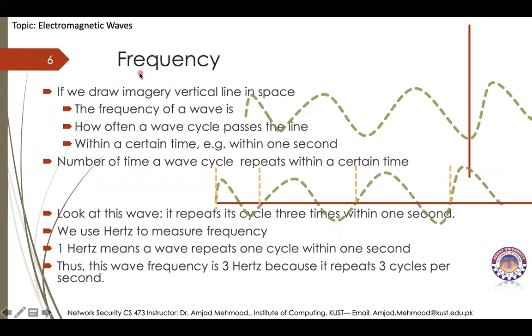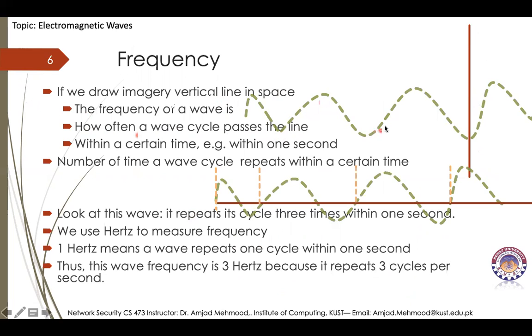Now come to the third property, that is called frequency. If you draw an imaginary vertical line in space, the frequency of a wave is how often a wave cycle passes the line.